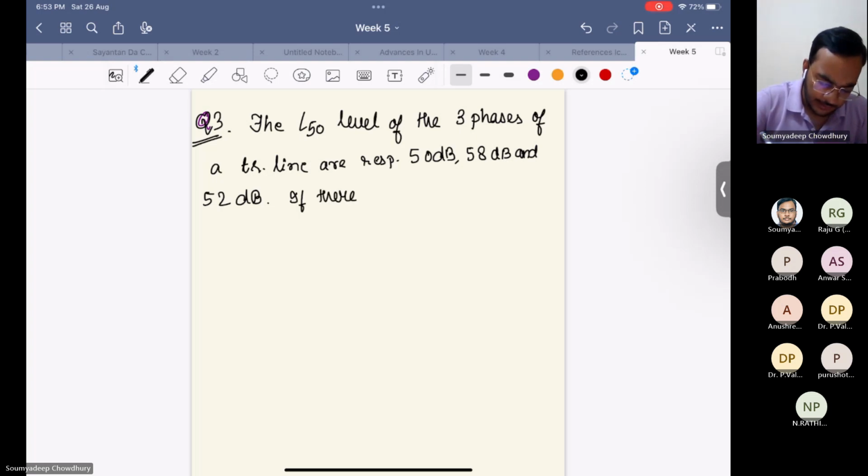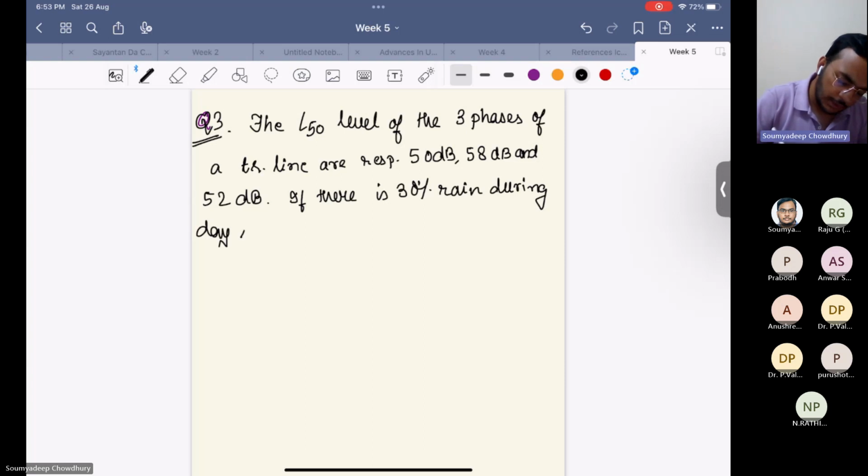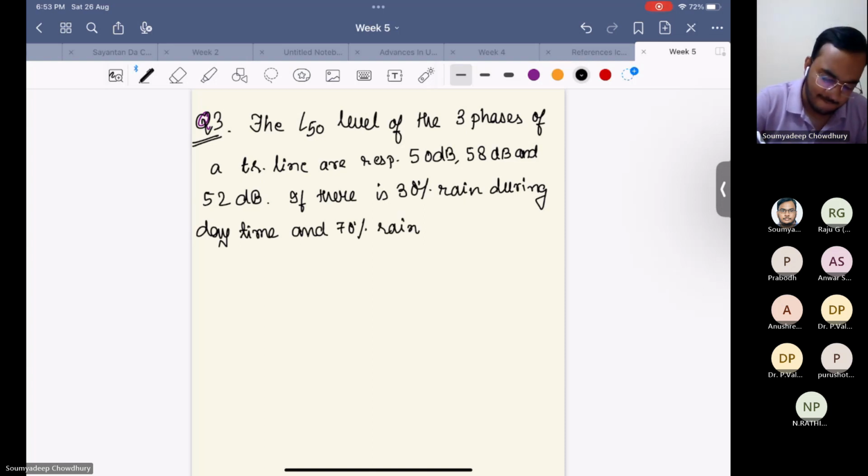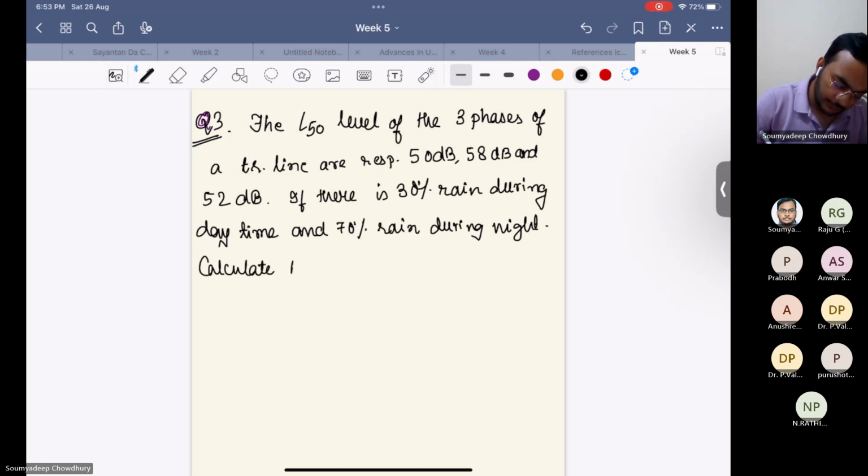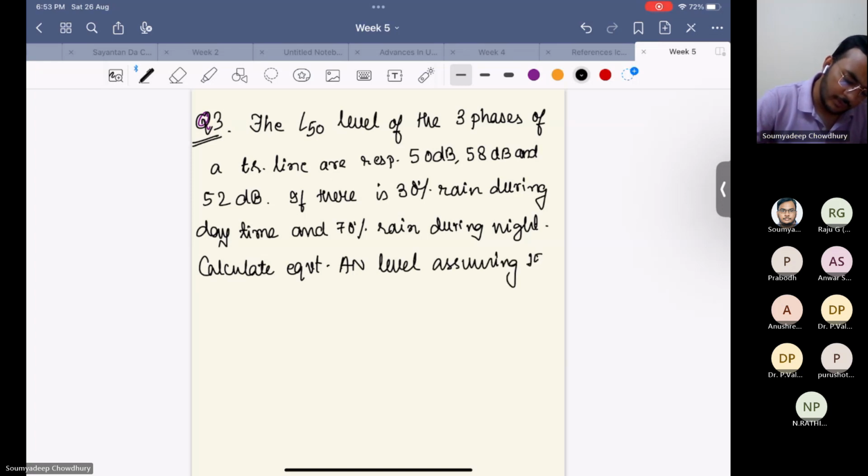If there is 30% rain during daytime and 70% rain during night, calculate the equivalent audible noise level, assuming 15 hours of daylight.